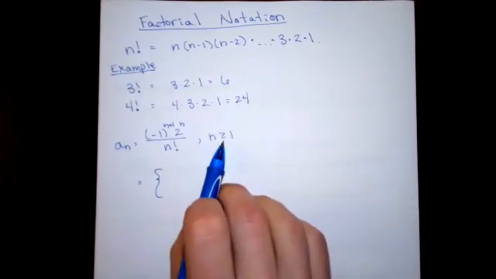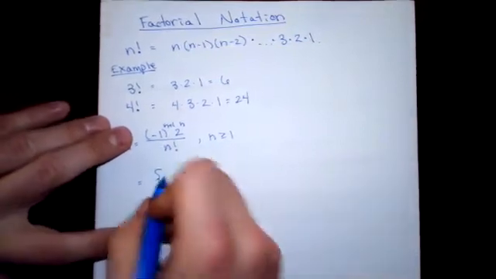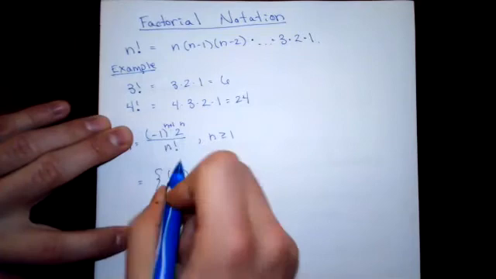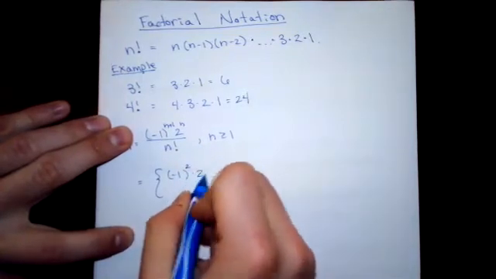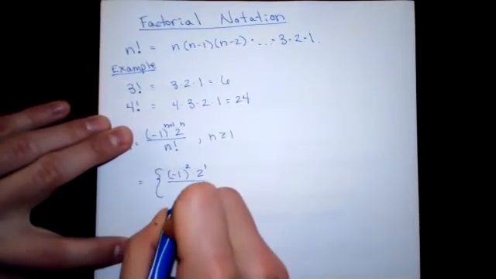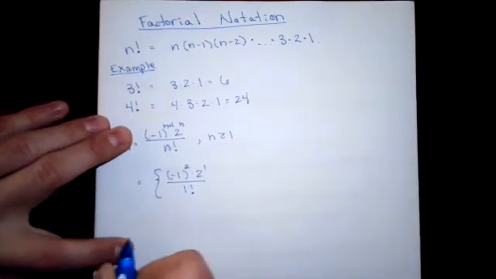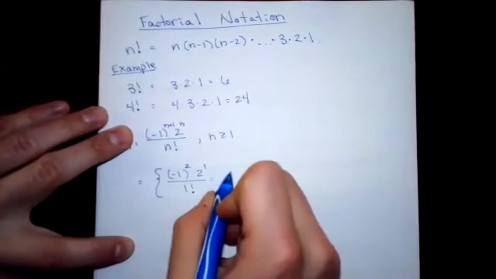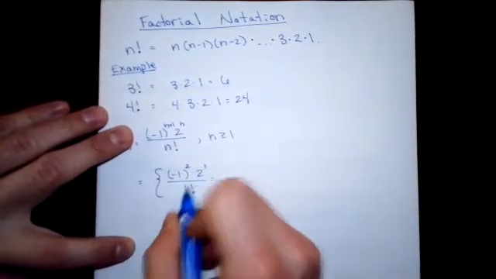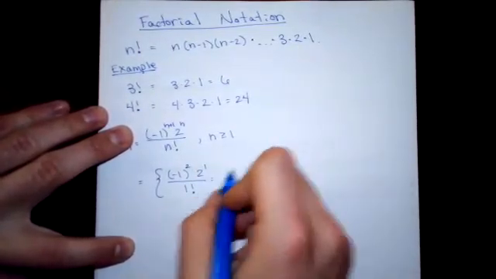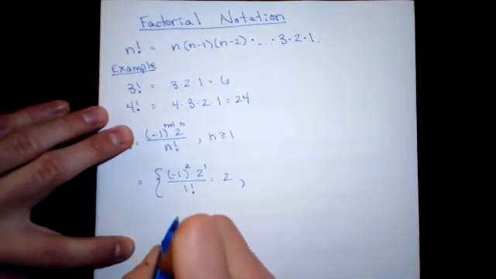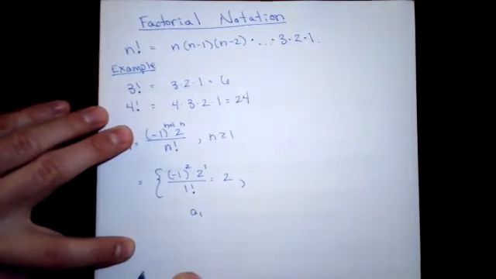Let's plug it in. When I plug in 1, we will have negative 1 to the n plus 1, which is 2, times 2 to the 1 over 1 factorial. That's just going to give me a 2, since 1 factorial is just 1. So this is my a_1.